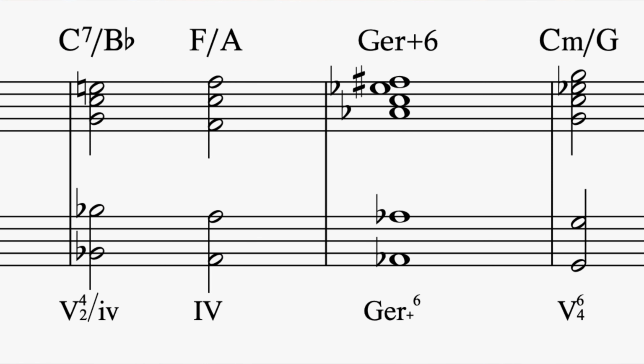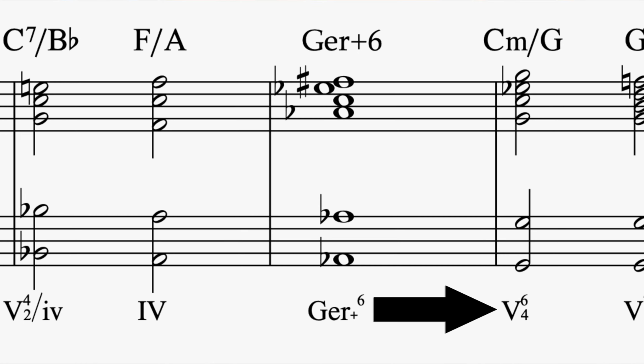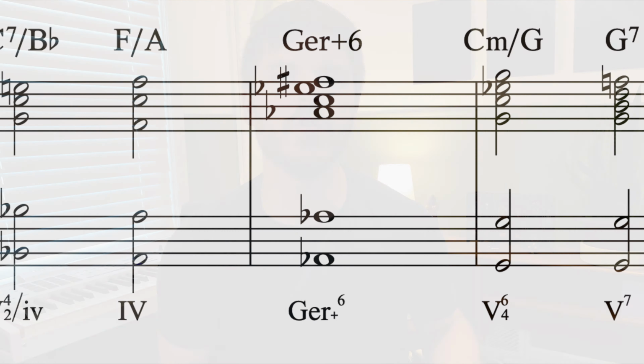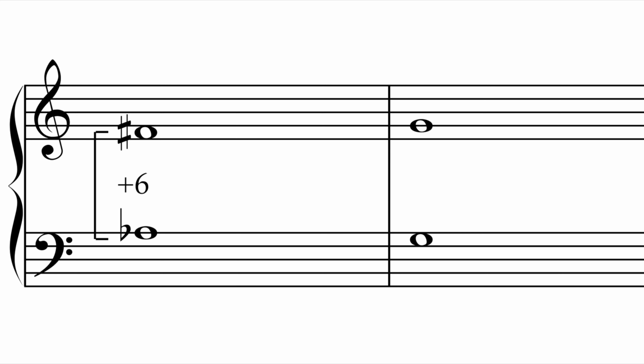Okay, so what exactly are augmented sixth chords? Well, augmented sixth chords are a particular kind of chord that approaches the dominant in a lot of classical tonal music. They are a class of chords. There's 3 different types of them, and all of them share some basic commonalities, where they have an augmented sixth interval between the lowered 6th scale degree and the raised 4th scale degree.